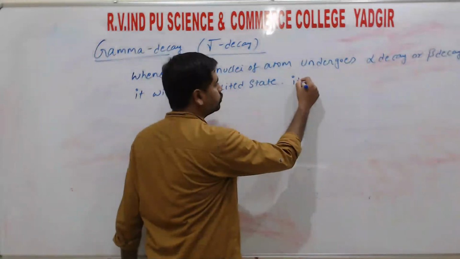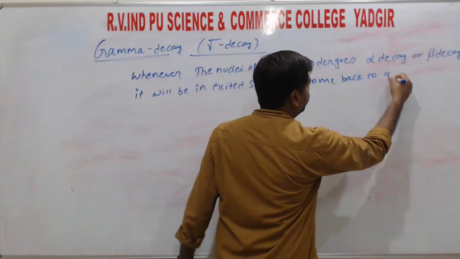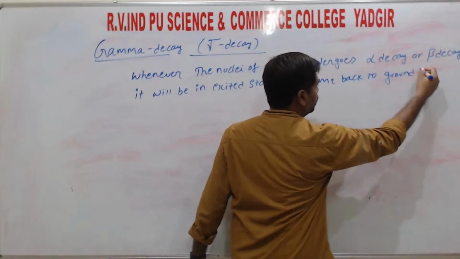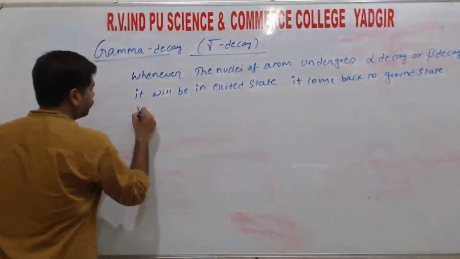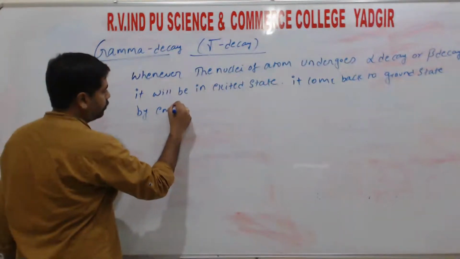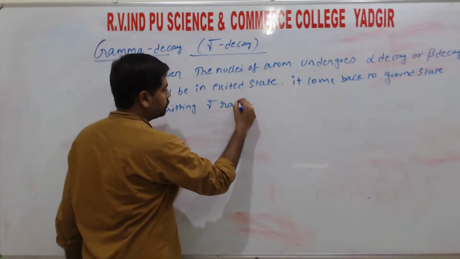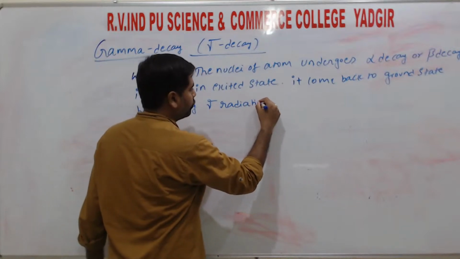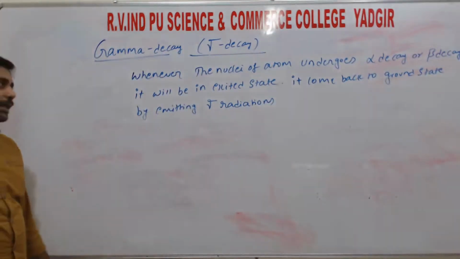It comes back to ground state by emitting gamma radiations. So this decay we call as gamma decay, right?